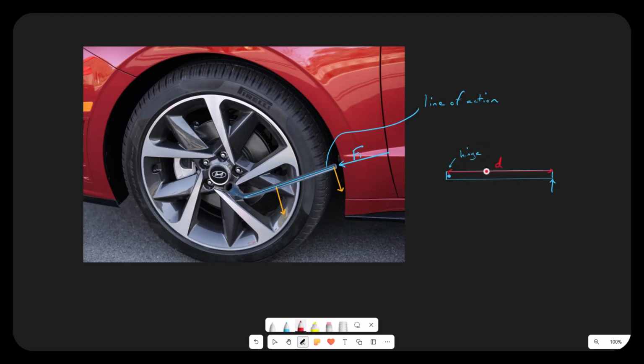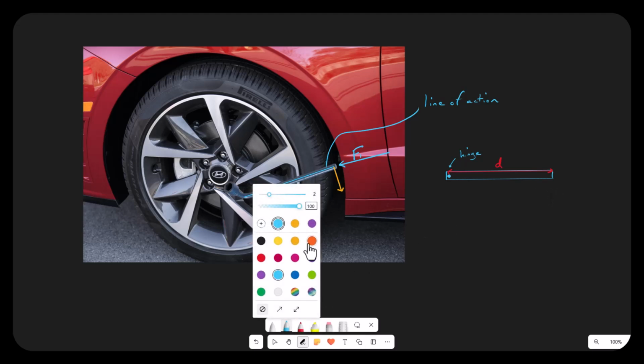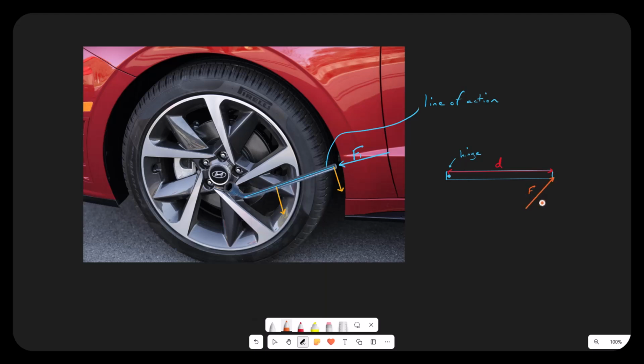We are going to look at a distance from the axis, and then we're going to apply a force. And we could apply that force diagonally, so let me do that. Let's go with orange for the force. I could apply a force this way, and then I would break that force into two components.